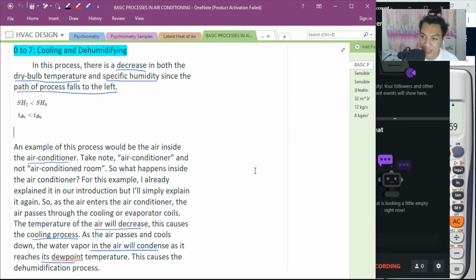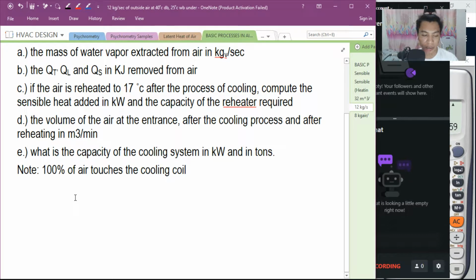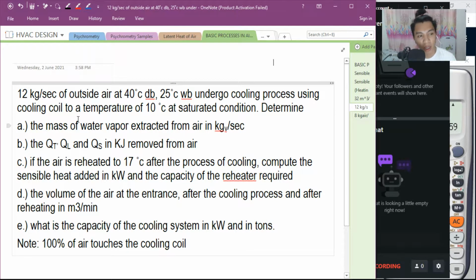Now, we analyze the system. For system analysis, if this is the problem, let me read it first. 12 kilograms per second of outside air at 40 degrees dry bulb and 25 degrees wet bulb undergo a cooling process using cooling coils to a temperature of 10 degrees Celsius dry bulb at saturated condition.